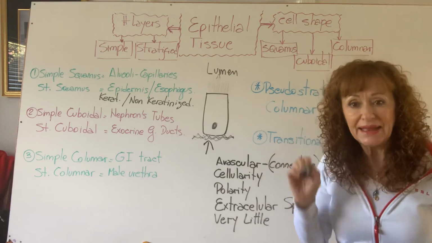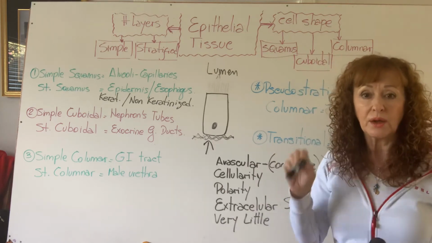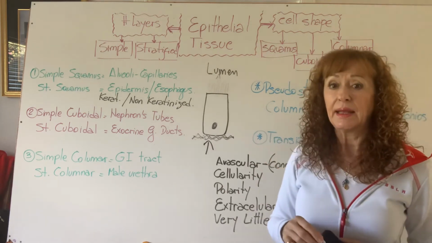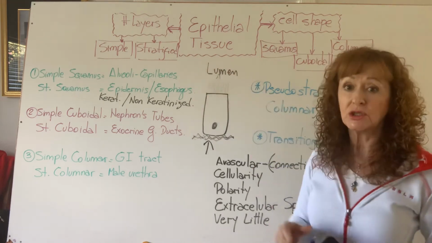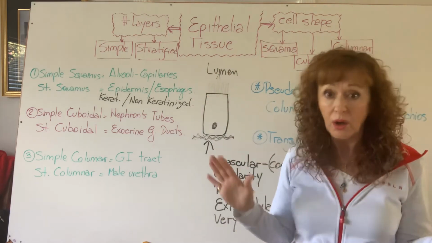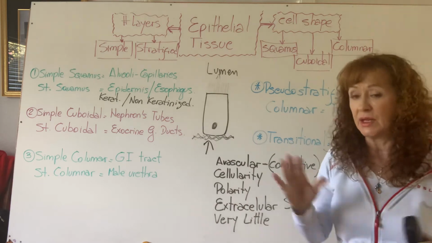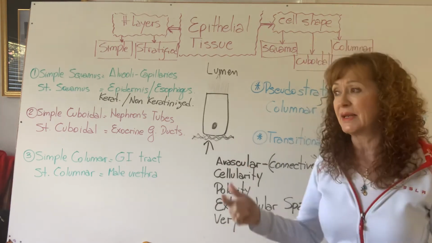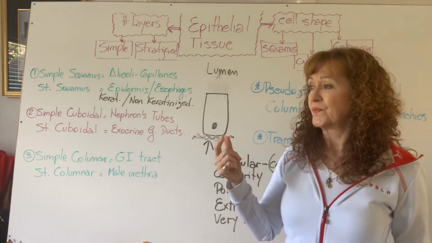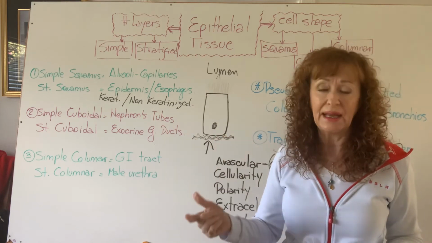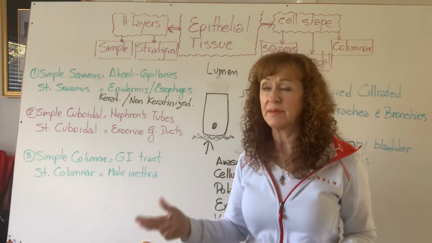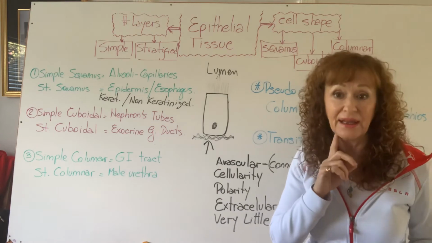And again, remember that epithelial tissue is the tissue that makes all our exocrine glands. You name it: the lacrimal, the ceruminous, the sweat glands, the sebaceous glands, the salivary glands.